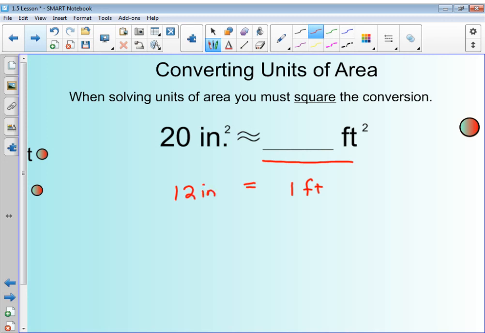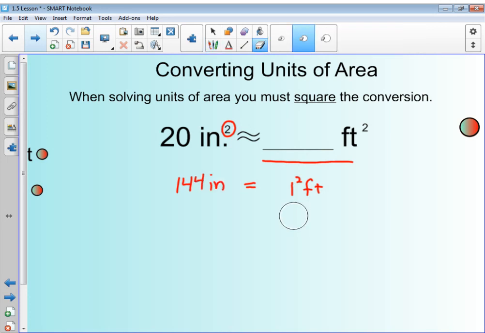Now because we are working squared and we're working area, we're actually going to square the numbers that we're working with in our conversion. So when I do 12 squared, that's going to give me 144. So I'm going to change this to 144 inches here. And 1 squared is still just going to stay 1, because 1 times 1 is 1.